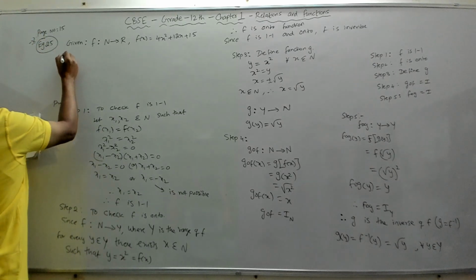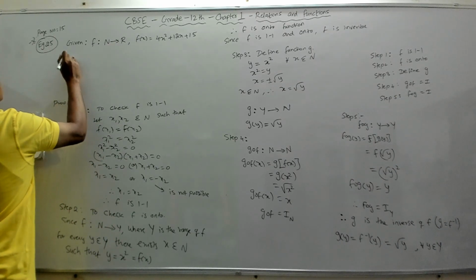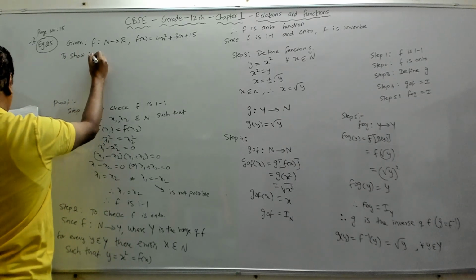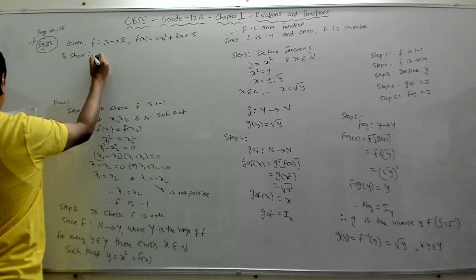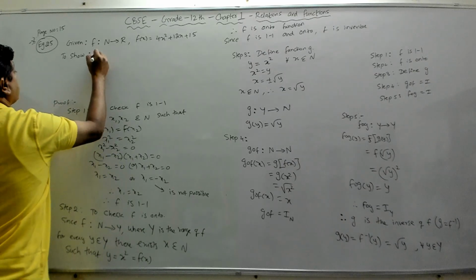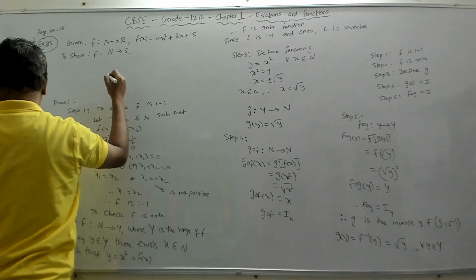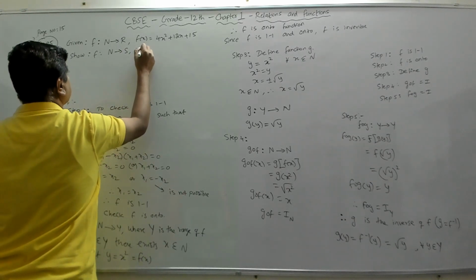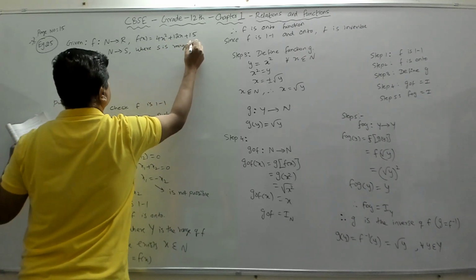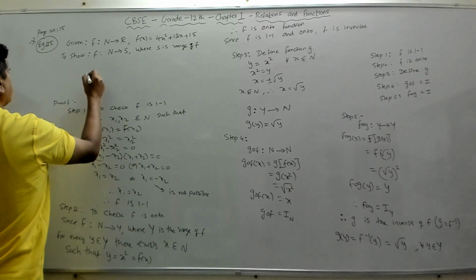Show that, what we have to prove. So we have to prove that the function f, the same f from N to the set S, where S is the range of f, is invertible.